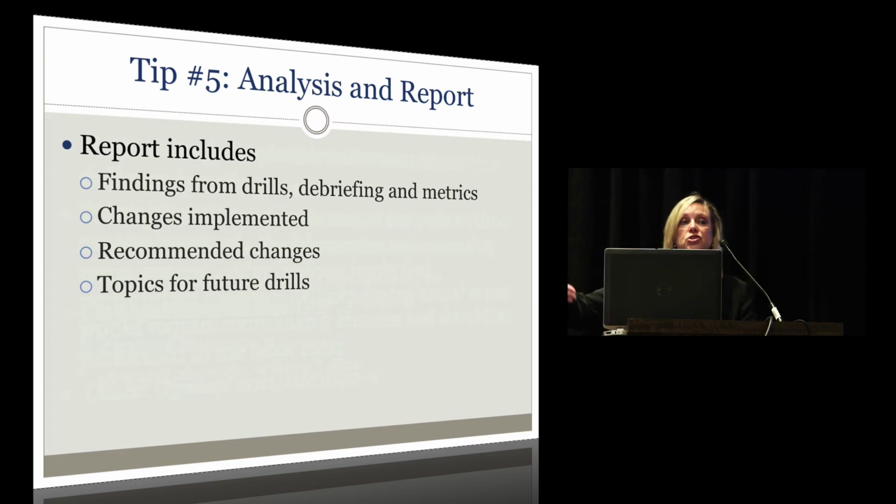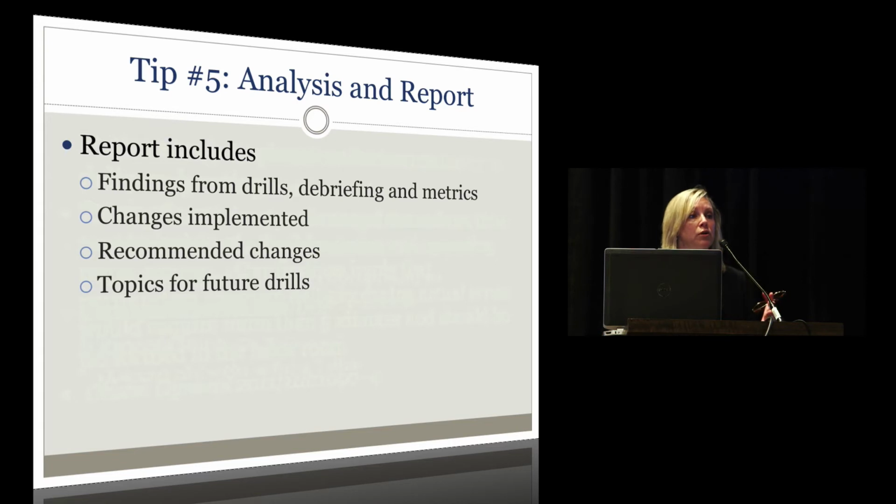What recommendations do you have to change in the future? If you found a near miss, and it's not something that can be easily changed at that point in time, who needs to be involved, and you can make recommendations to that to administration. And then it also informs you what else you need to do.